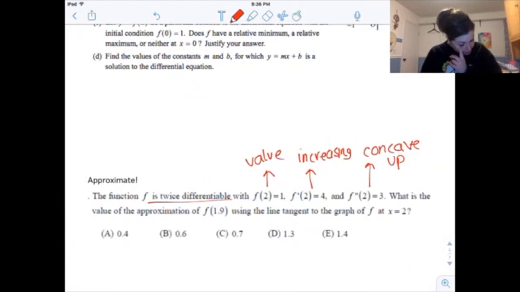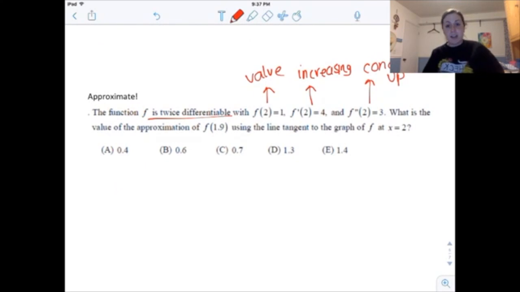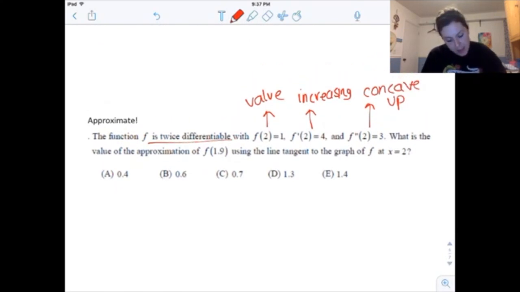So what is the value of the approximation of f of 1.9 using the tangent line to the graph at x equals 2? So let's take a look at this. I know that y minus 1 should equal 4 times x minus 2. So that's my tangent line. I want the approximate at 1.9.